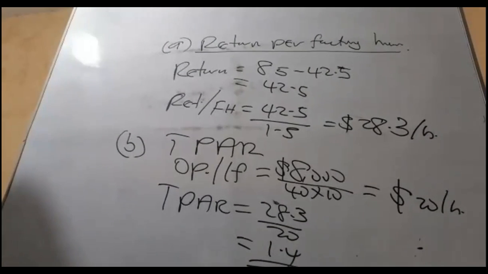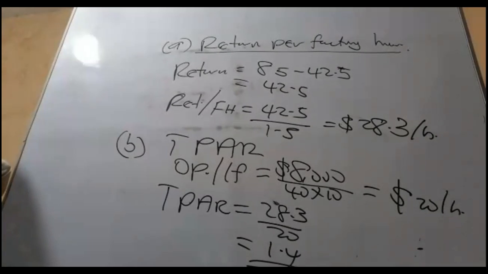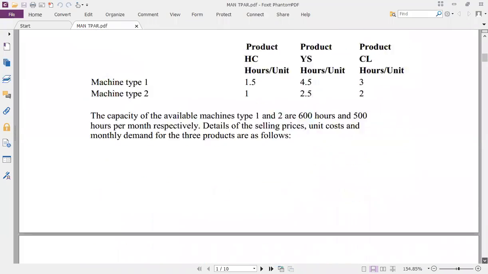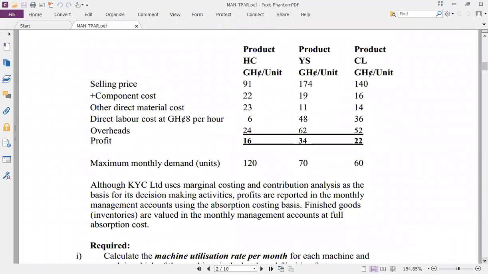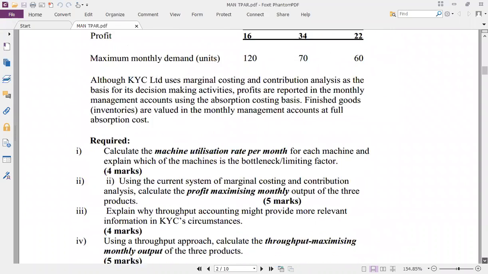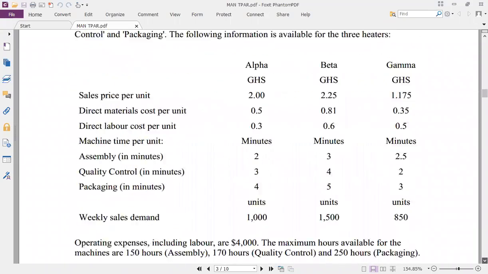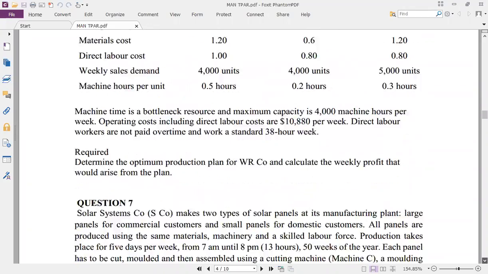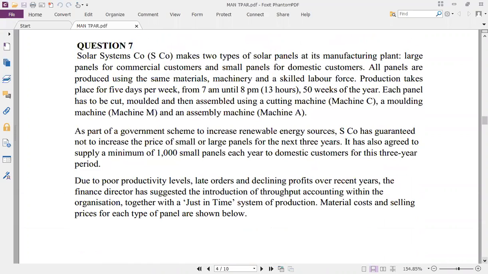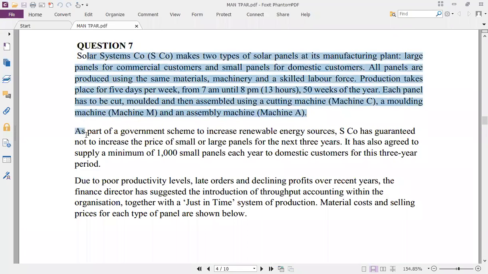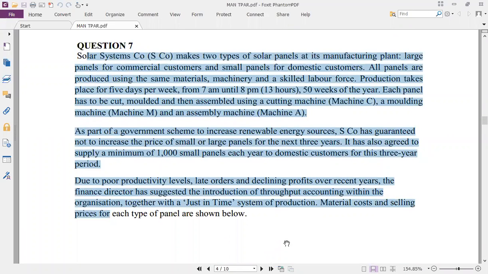So let me scan through the solutions; that is the end of throughput. But please, two questions, try them. You at least try them. Question 7 and question 8. Please try them. Solar coal, large panels and small panel. Don't worry yourself about the plenty of the stuff we are telling you.